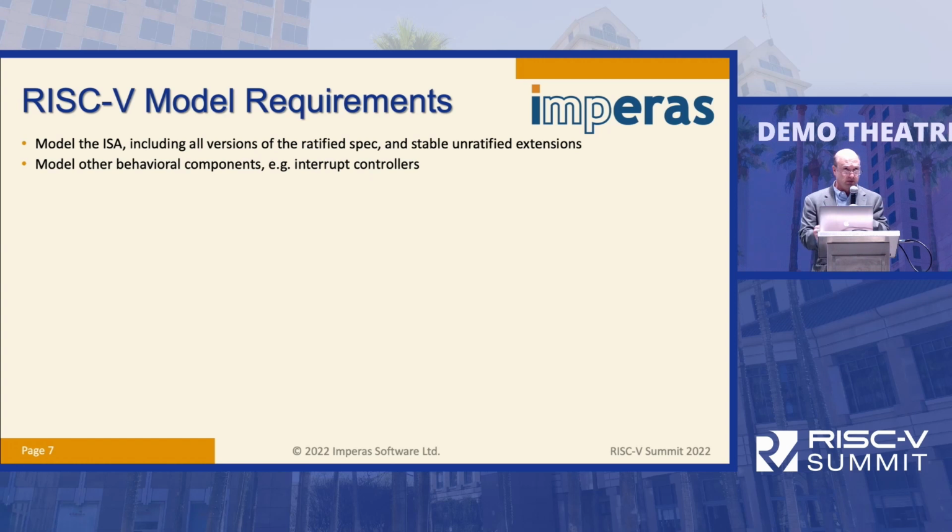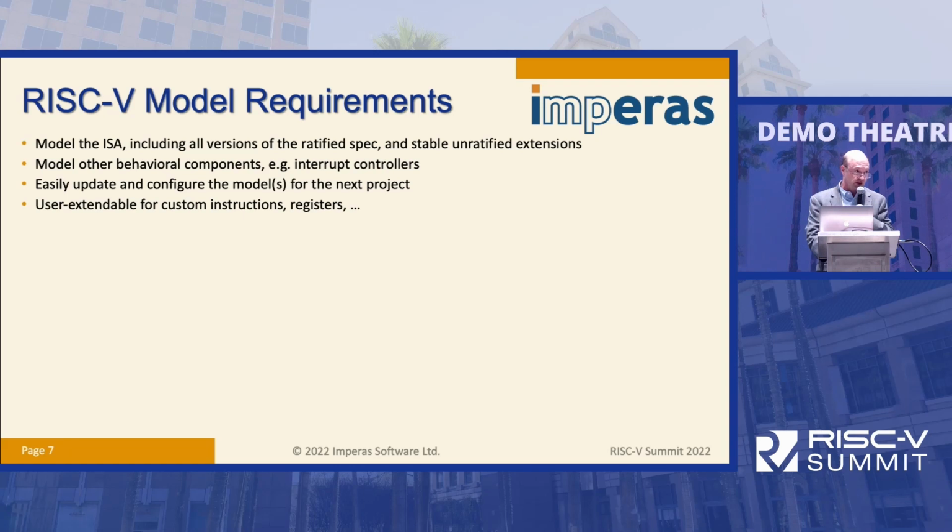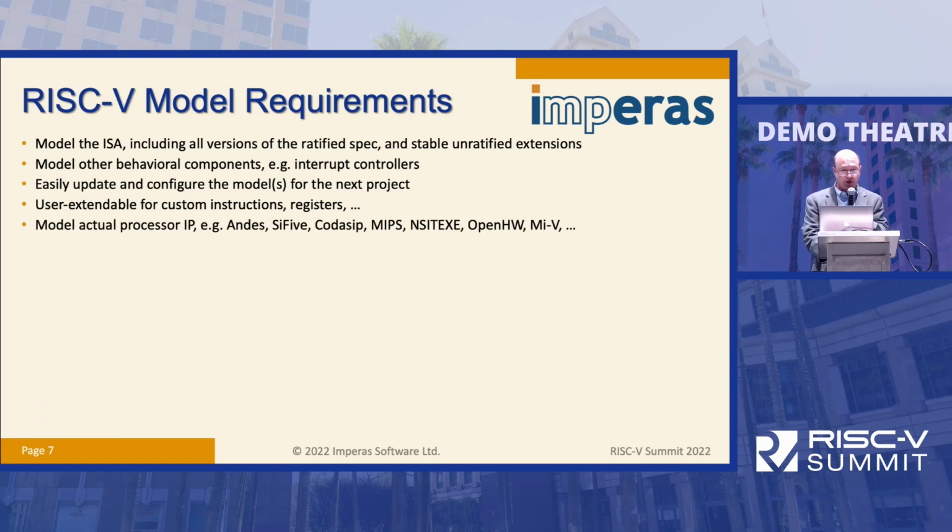Imperas supports CLIC, PLIC, CLINT, AIA. I think those are the 4 different interrupt controller versions. You need to easily be able to update and configure the model for the next project. It needs to be user extendable for custom instructions and registers. Need to be able to model actual processor IP for the different vendors.